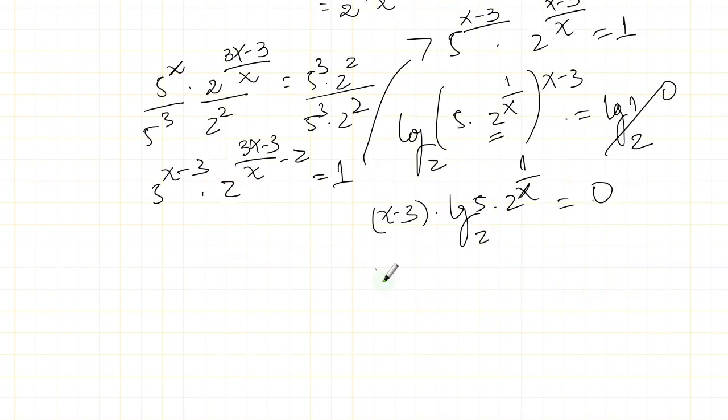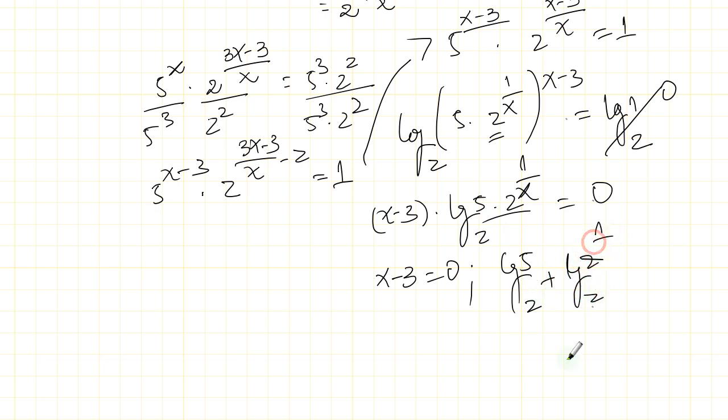So from here we have then x minus 3 equals 0, or log base 2 of 5 times 2 to the power 1 over x equals 0. We have the multiplication rule here, right? So this is log base 2 of 5 plus log base 2 of 2 to the power 1 over x, and then this is 0.